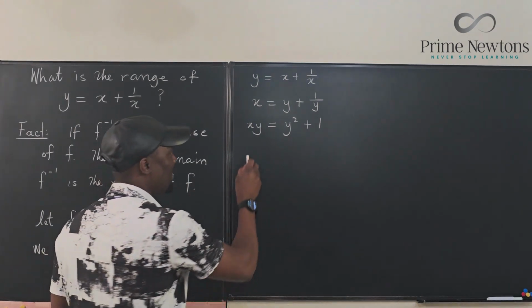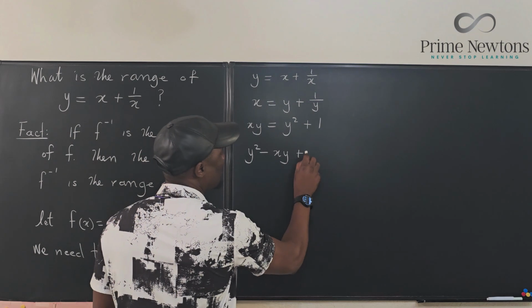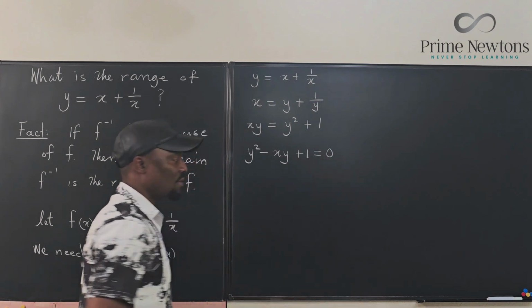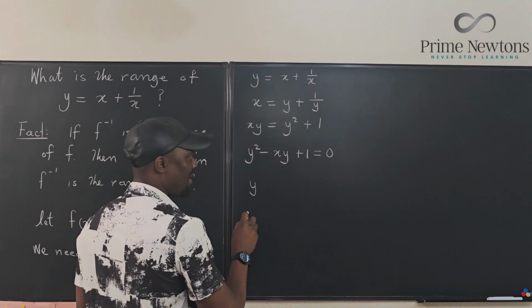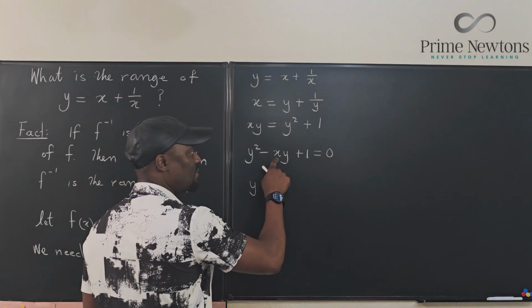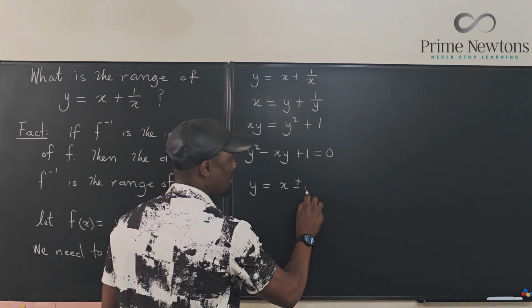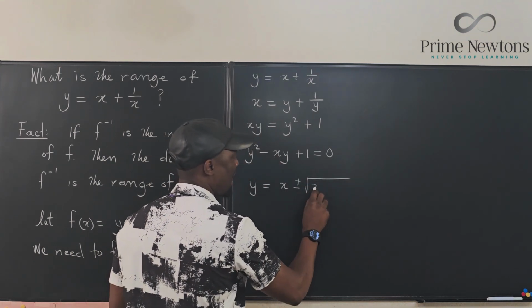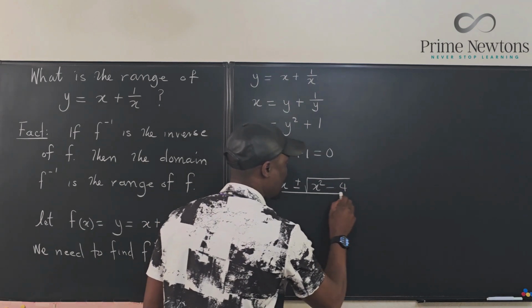Make a quadratic out of this. You end up with y squared minus xy plus 1 is equal to 0. Solve this. Use the quadratic formula: y will be equal to minus b, which is x, plus or minus the square root of b squared, which is x squared, minus 4ac, that's minus 4, all over 2.